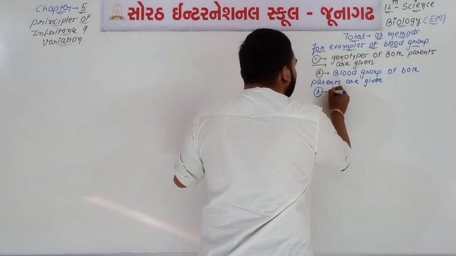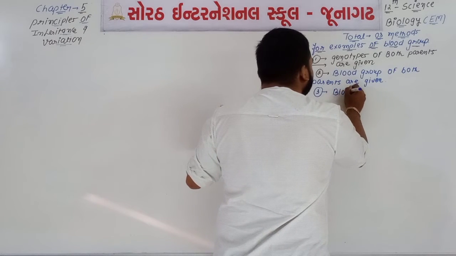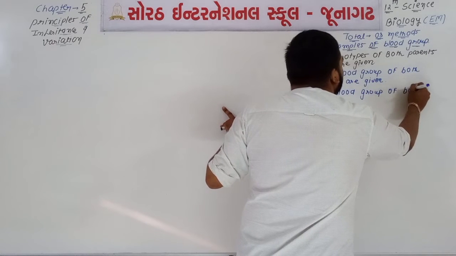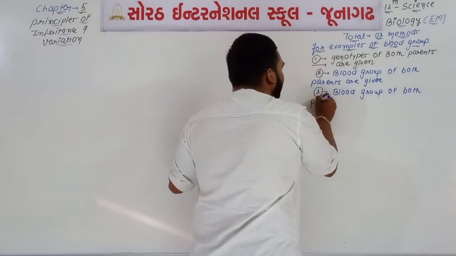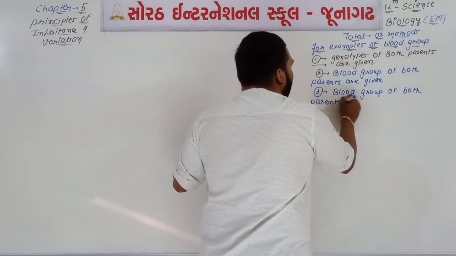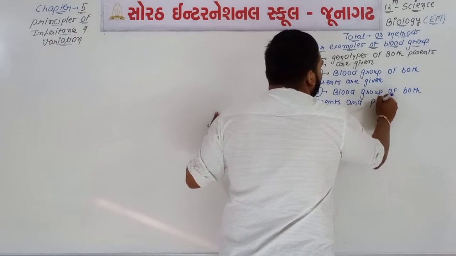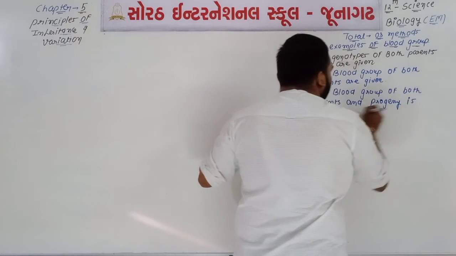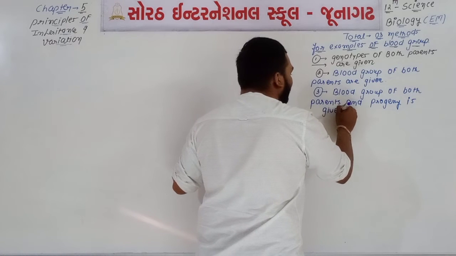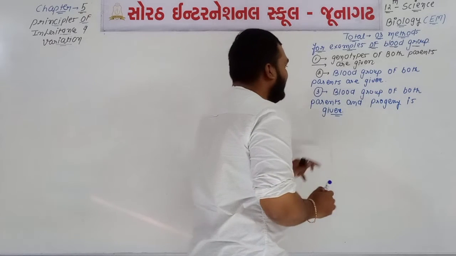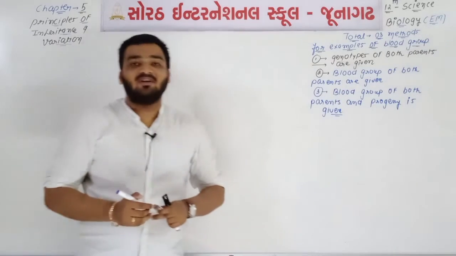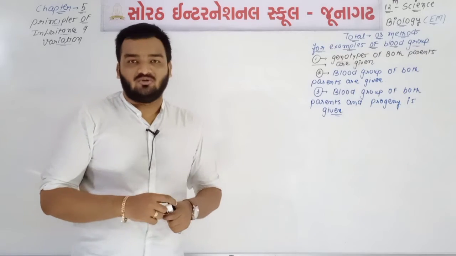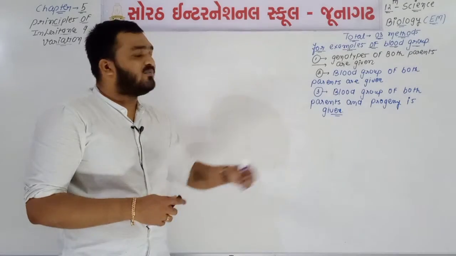Method number 3 is that the blood groups of both parents and the progeny, meaning their generation, are given. Here the blood groups of all three are given, and from these blood groups we should be able to determine their genotypes. So a total of 3 types of methods are there.